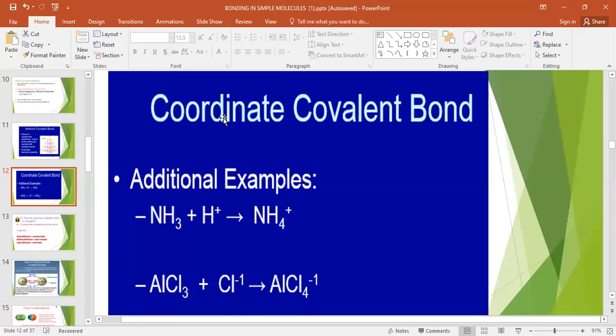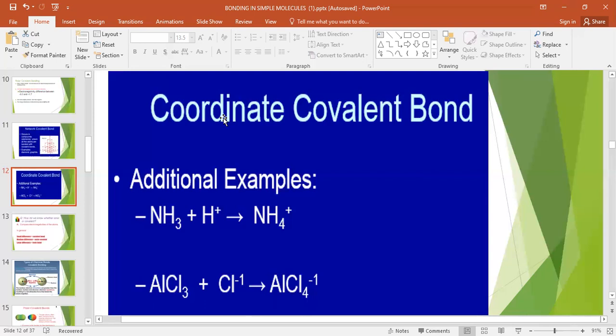Similar with AlCl3. Yes, what is the difference? Do you not understand this or here? Okay, now I am going to explain what a coordinate or dative bond is. First, focus on the definition.